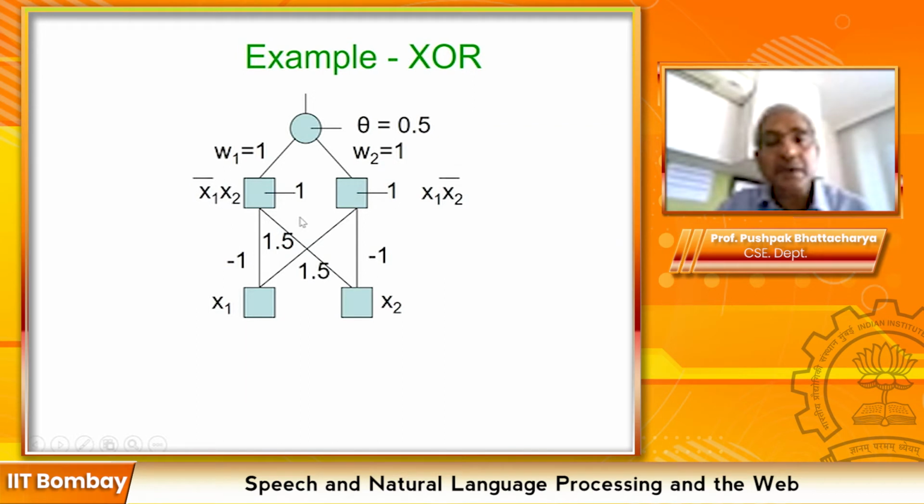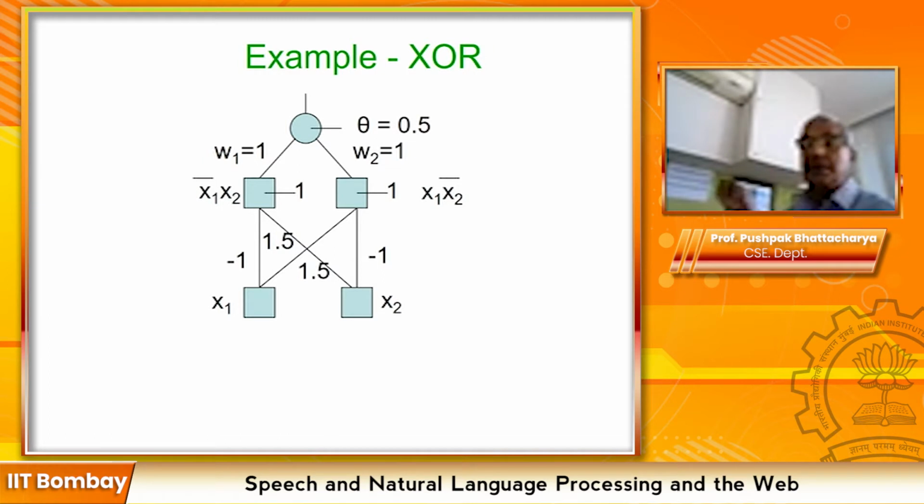Okay, so now we need to introduce additional neurons before the output layer. They are called hidden neurons. They are hidden because they don't take input directly from the environment, nor do they give out the output to the environment. So this is the nature of a feed-forward network.